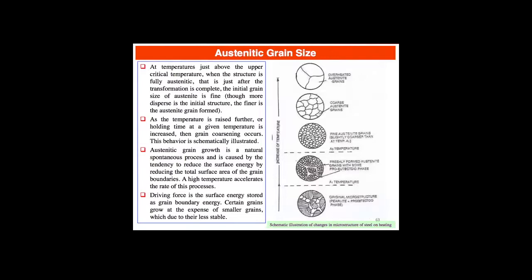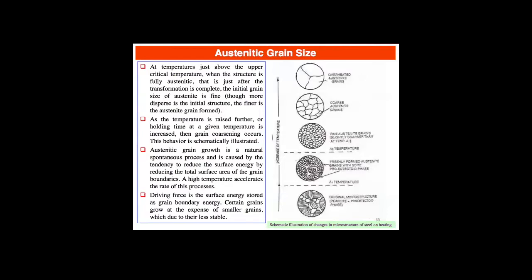As we go up in temperature, we recrystallize and we get a very fine austenite grain structure, which will eventually grow and consume the proeutectoid ferrite. And if we continue to go up in temperature, we will get a very coarse austenite structure.